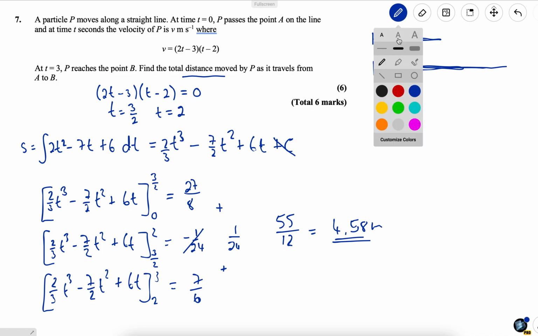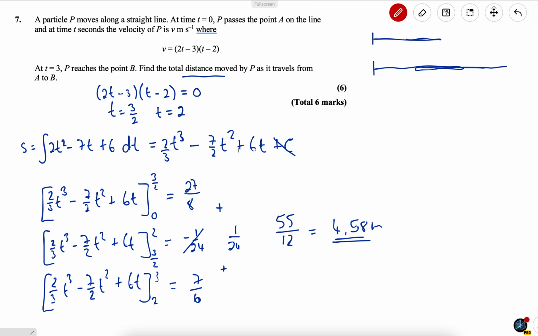Marks wise, there's a method mark for setting the velocity equal to 0 to find the 2 times, and an accuracy mark for finding those 2 times correctly. You do need both. This can be shown in putting these limits in here if the working isn't shown here, and you'll still get these 2 marks.